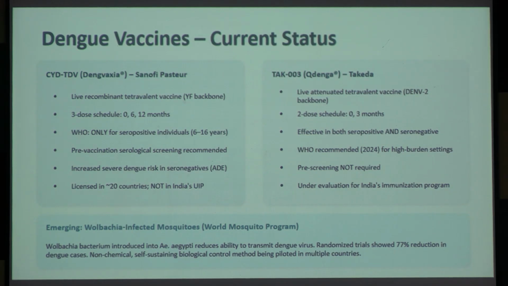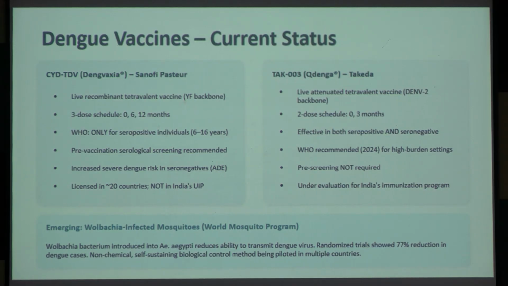So that's why Dengvaxia may lead to antibody dependent enhancement, because there are certain viral components in there. But this is a live attenuated vaccine, and you are injecting the serotype itself, DENV2. Okay. So this is a live attenuated vaccine.